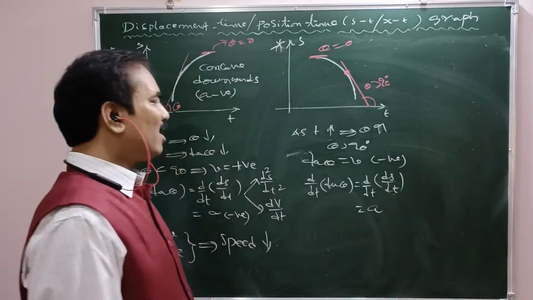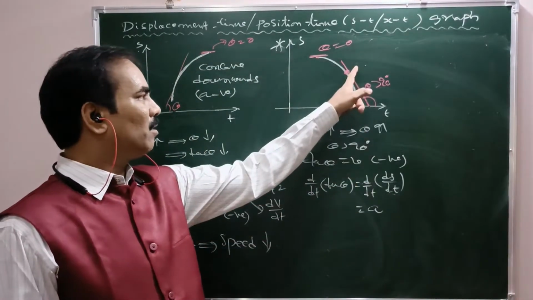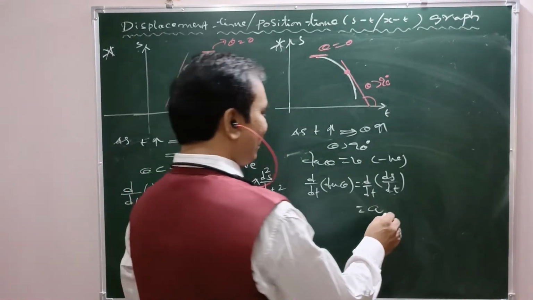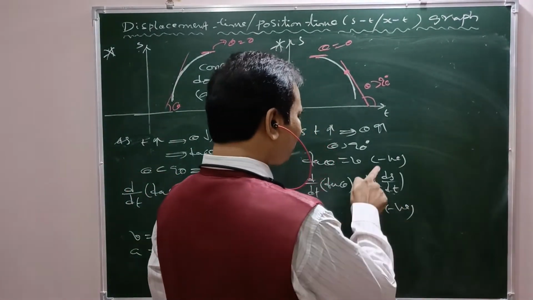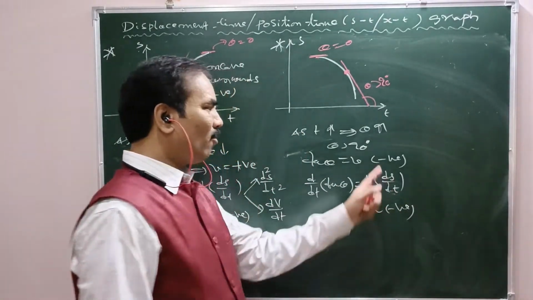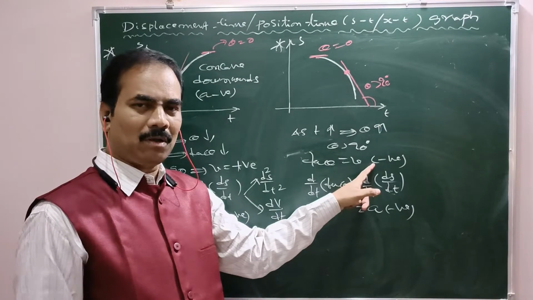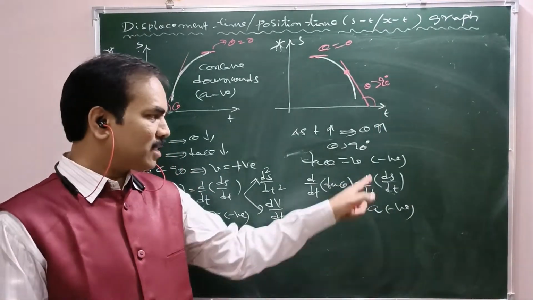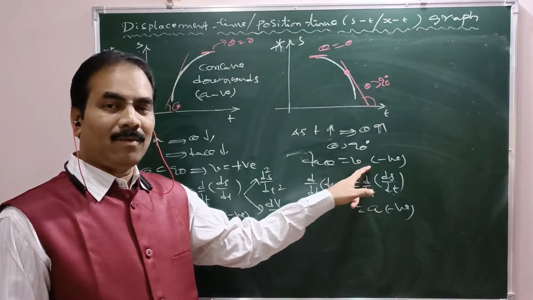What about acceleration? See, here velocity is negative, so the rate of change of velocity is also negative. Both velocity and acceleration have the same sign. Both are negative, meaning less than 0. As both have the same sign, what does it represent?